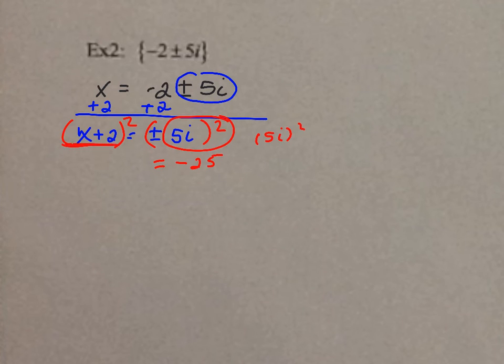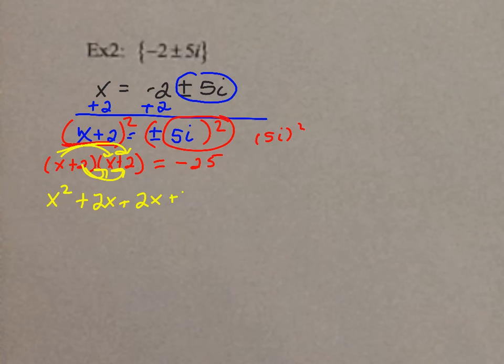Now this here, x plus 2 squared is x plus 2 times x plus 2. All right, so now we're going to distribute. x times x is x squared. x times 2 is 2x. 2 times x, 2x. 2 times 2, 4 equals negative 25.